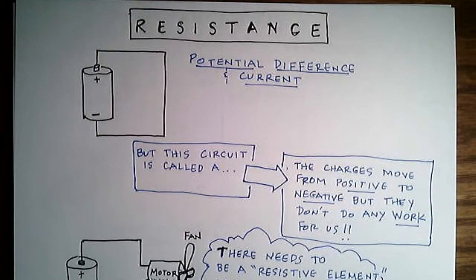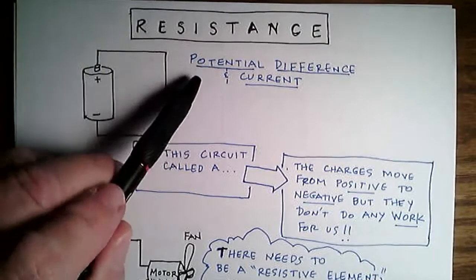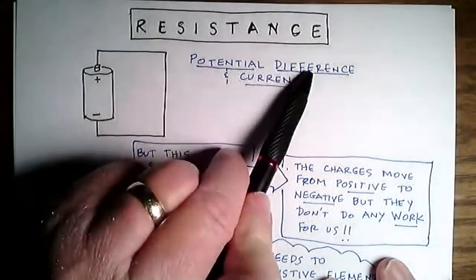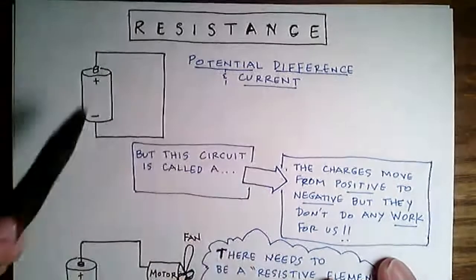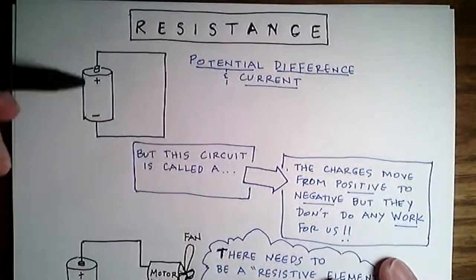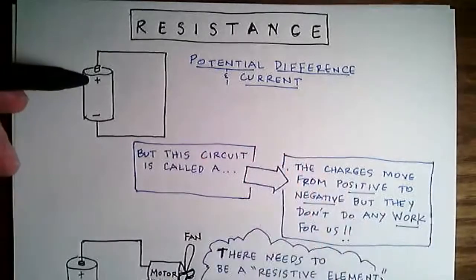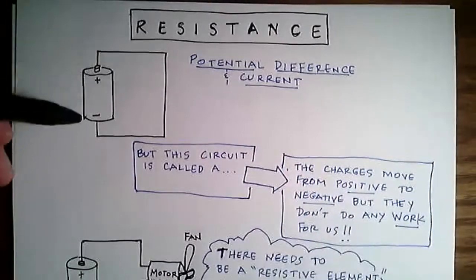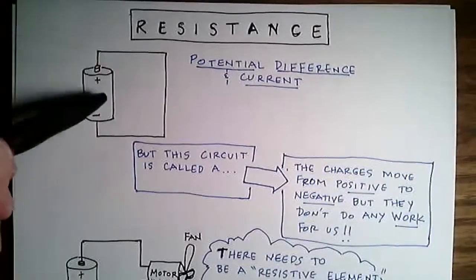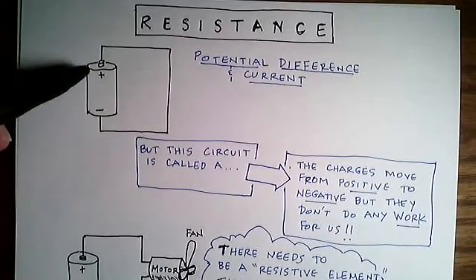Okay, as we start to talk about resistance, what I want to first mention is I want to review what we've talked about already about potential difference and current. Remember that a potential difference is what you're going to get if we talk about a simple direct current. The current only flows in one direction.